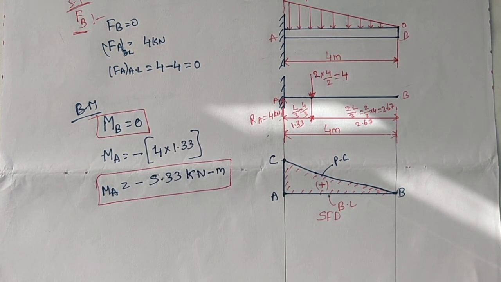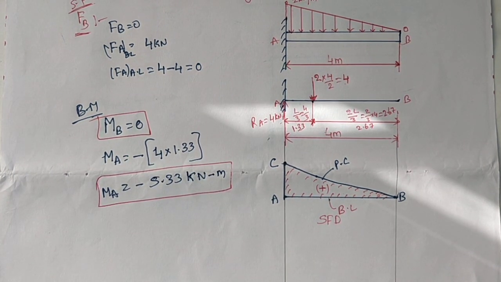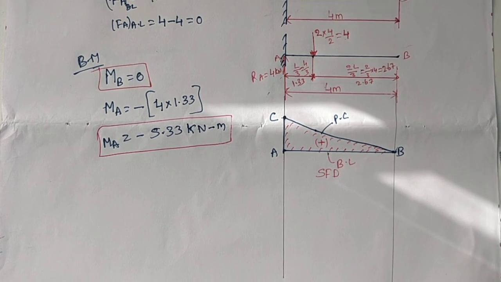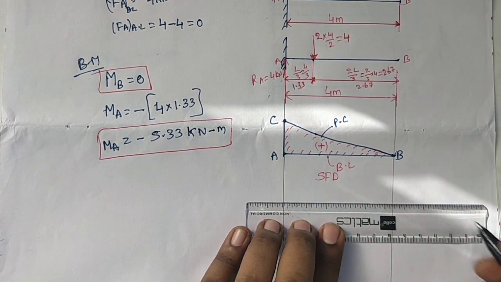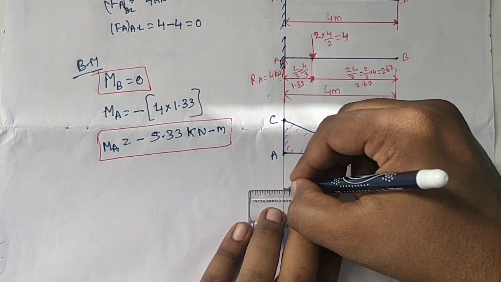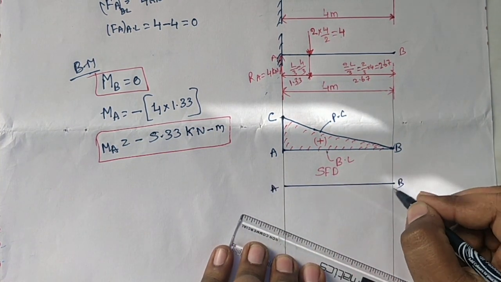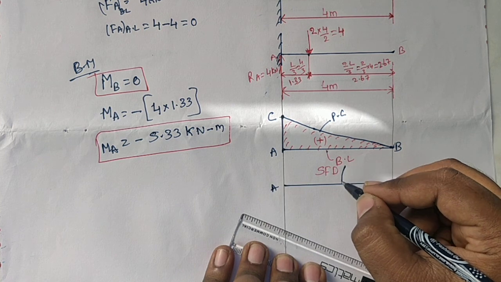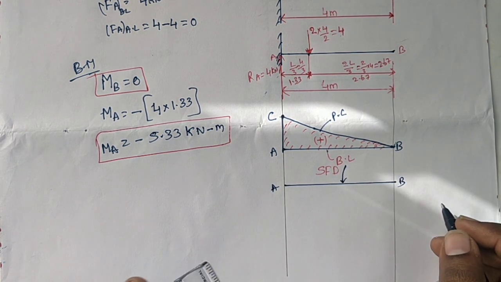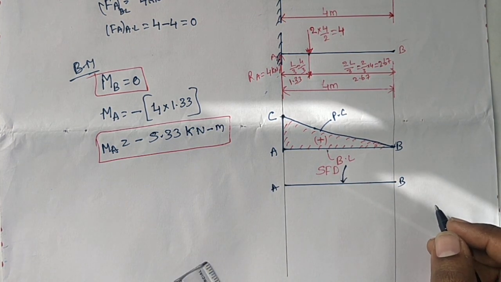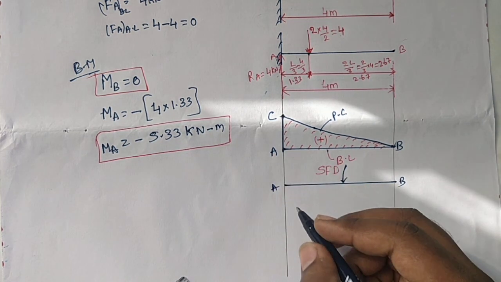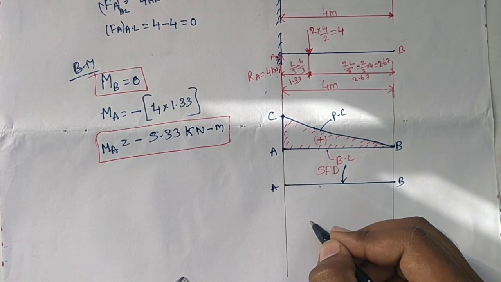By using these values we need to draw the bending moment diagram. First, draw the baseline and locate points A and B. Next, the bending moment at point A is minus, and minus means you have to draw it below the baseline.